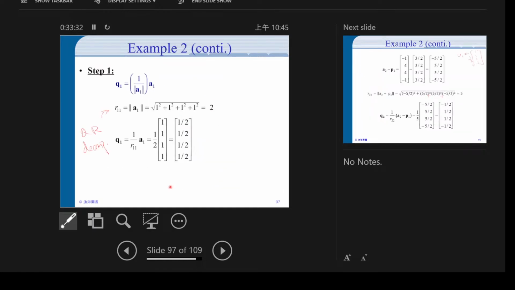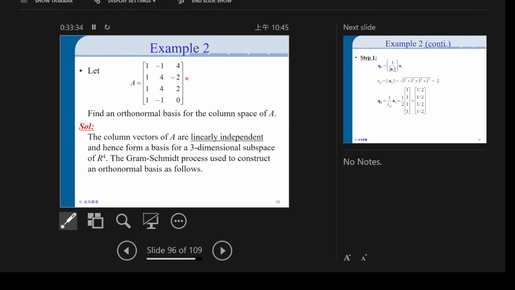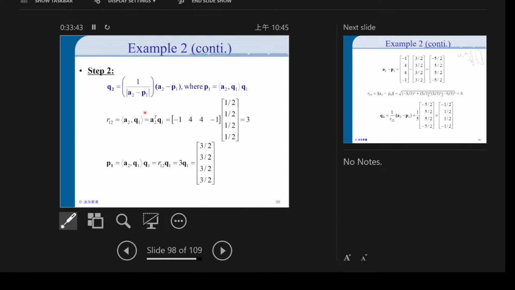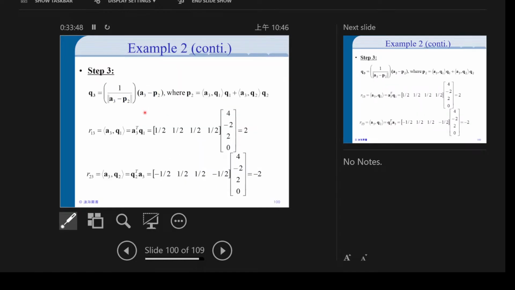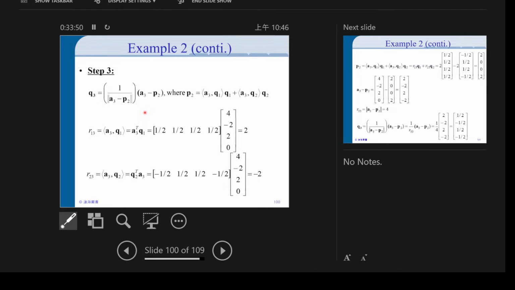Finally, we have our Q3, and we want to find the projection of A3 onto Q1 and Q2. We have Q1 and Q2, and now we want Q3. For Q3 we want A3 minus P2, where P2 is the projection of A3 onto Q1 and Q2.